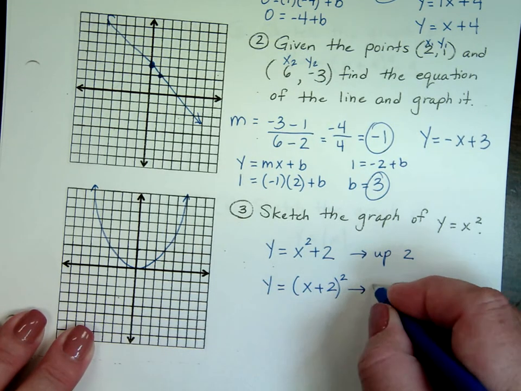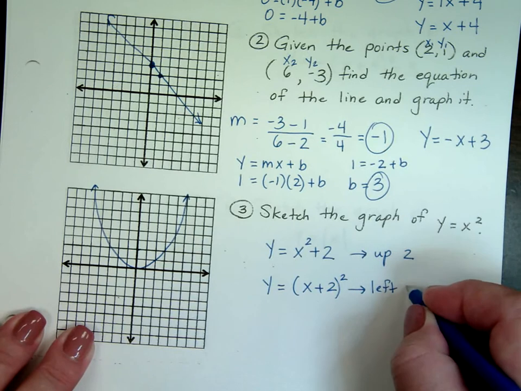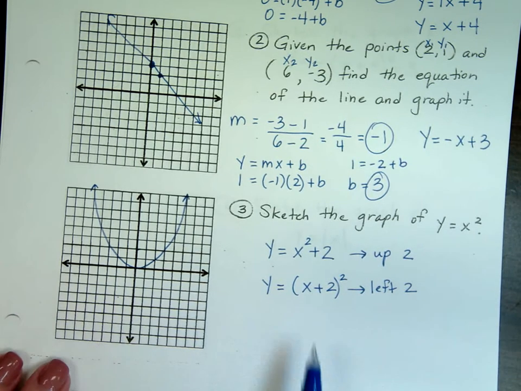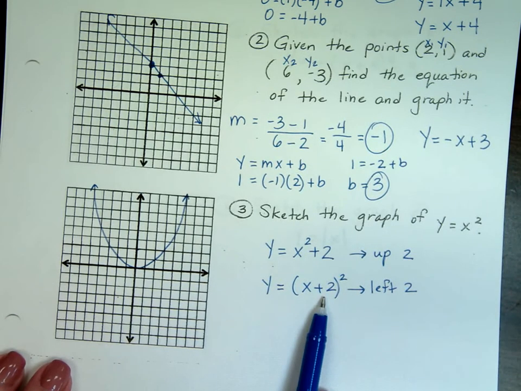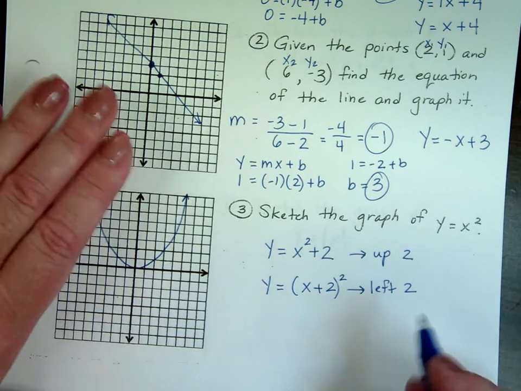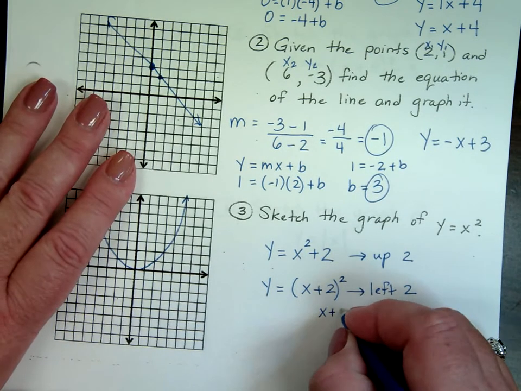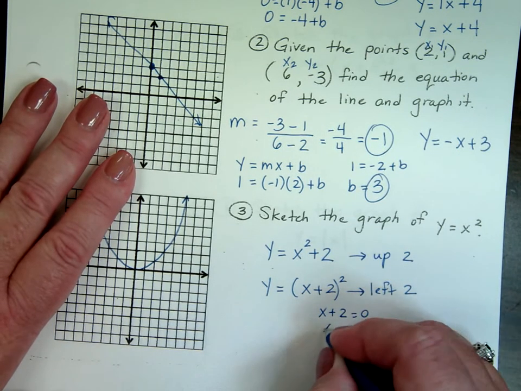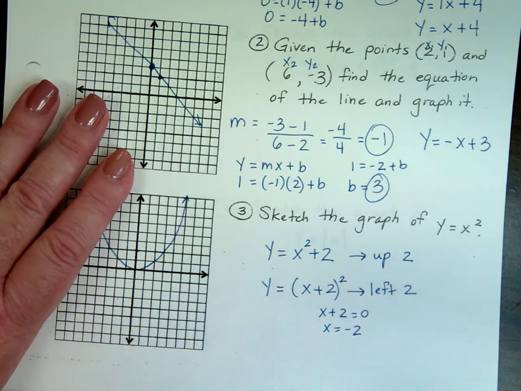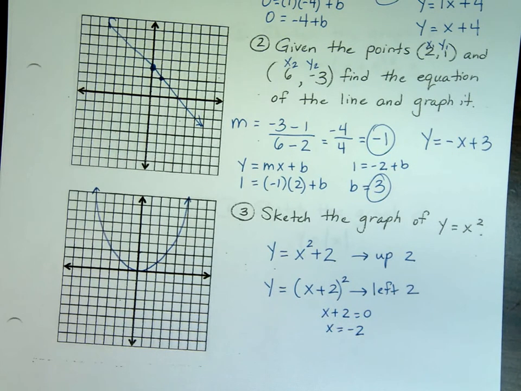Now that might be counterintuitive, because you might be thinking, geez, that's a plus sign, I should be going right. And I get why you're thinking that, because it kind of makes sense at some level. But here's a way to see it. If I take x plus 2 and set it equal to 0 and solve for x, my x is negative 2. That means it's moving in a left direction, not a right direction. So because when I solve this, I get a negative, that's why it's actually moving left.